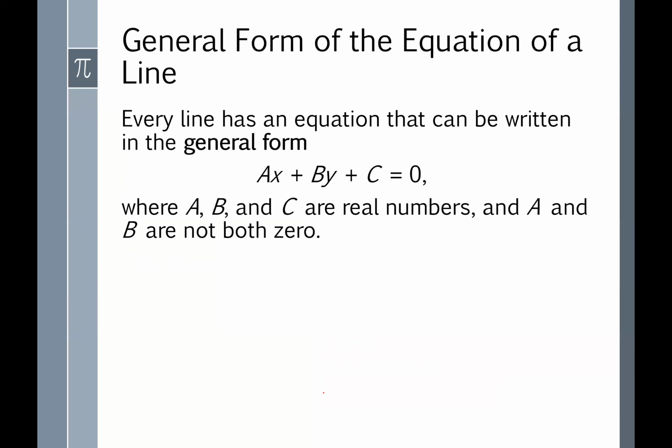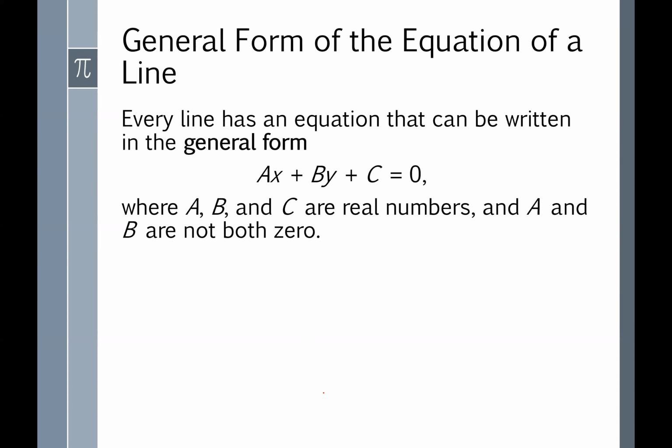Okay, what we have here is what is called the general form of a line. So if you take the equation either in slope-intercept form or in point-slope form, and you put everything on the left-hand side and you get 0 on the right, that's general form.